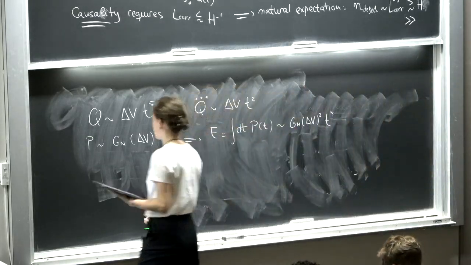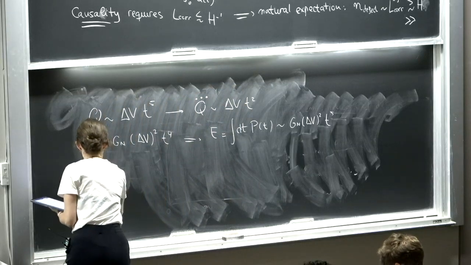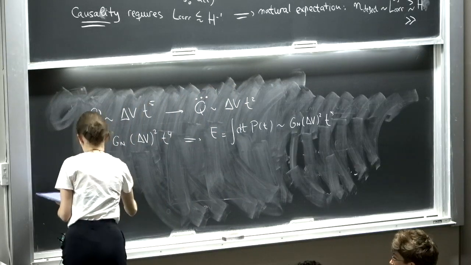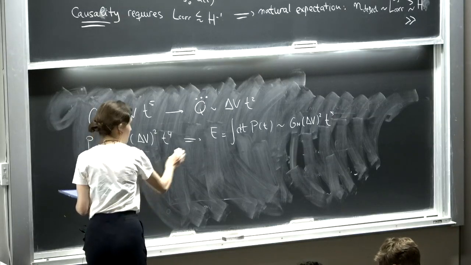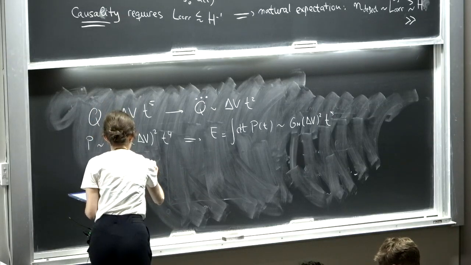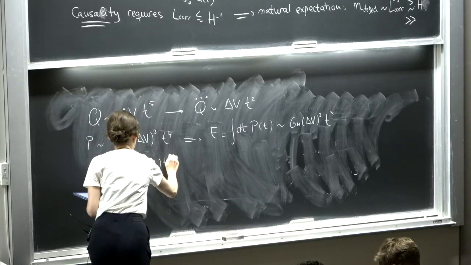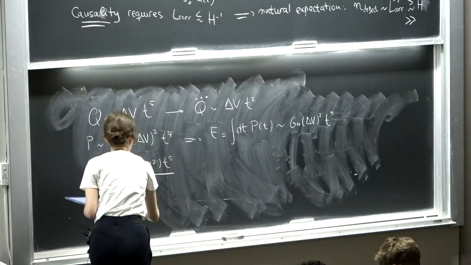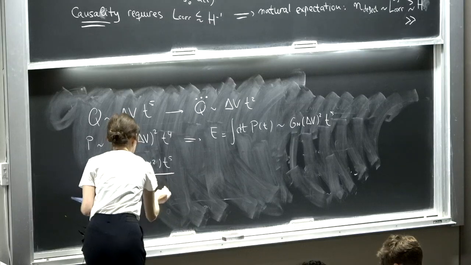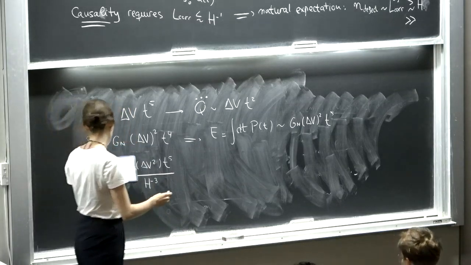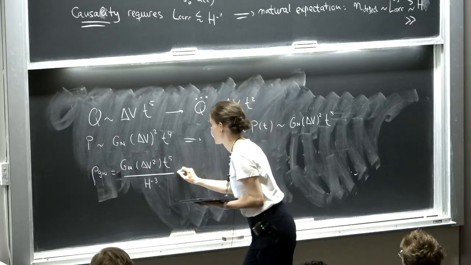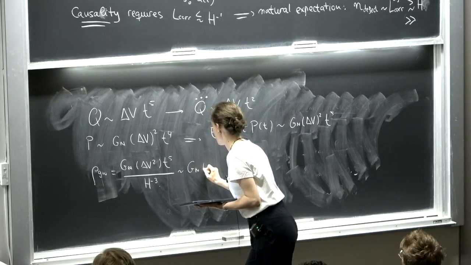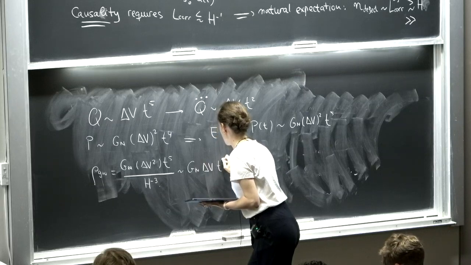and the energy density in gravitational waves produced, and this will be at the time they are produced, is just going to be this energy we've just calculated, t to the 5, divided by the Hubble volume at the time. But Hubble volume is just t cubed. Okay, so this is just going to be G Newton delta V t squared.